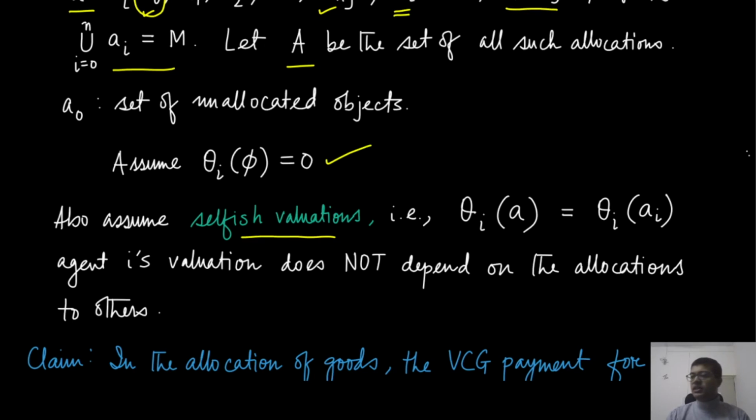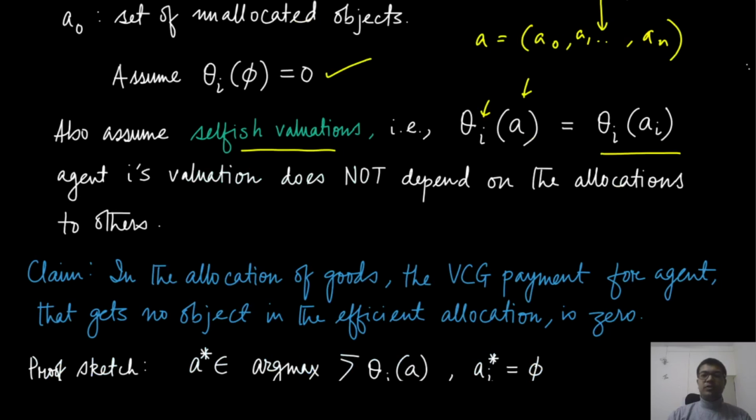Even though there is an allocation, which is nothing but a collection A0 to AN, a particular player i is only worried about the ith allocation, the allocation that has happened to this particular agent. It's not worried about what is happening to the other players, and that is why it is called the selfish valuation. And that is what we are going to assume. There is no kind of dependency of the types on other players' allocations.